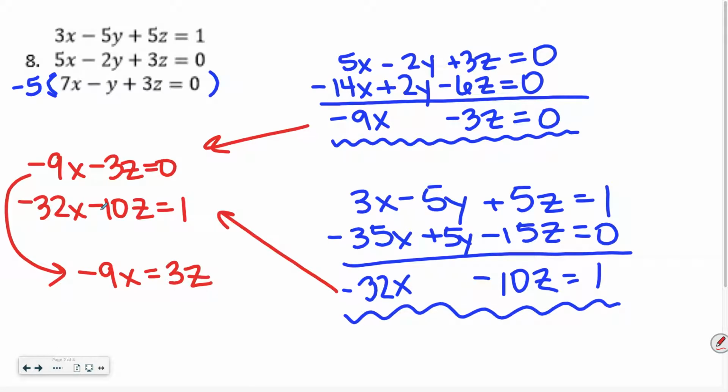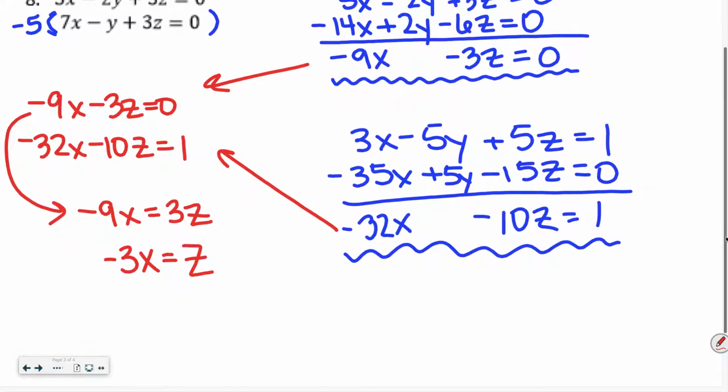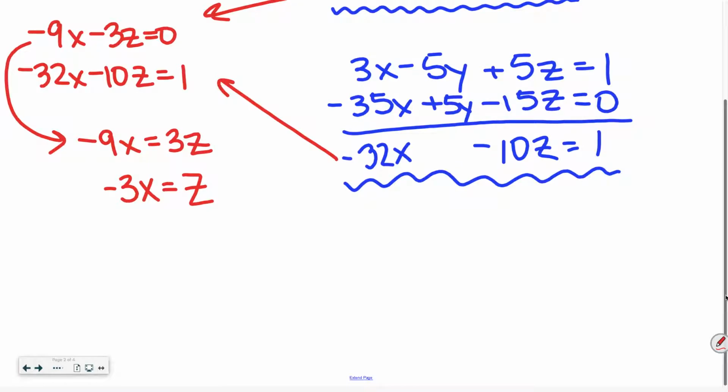That was scary. Z equals -3x. That was a lot of work. Okay? So then we can take negative 32x minus 10z equals 1, and we can now solve for x.